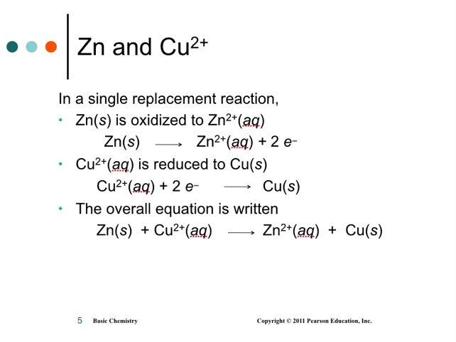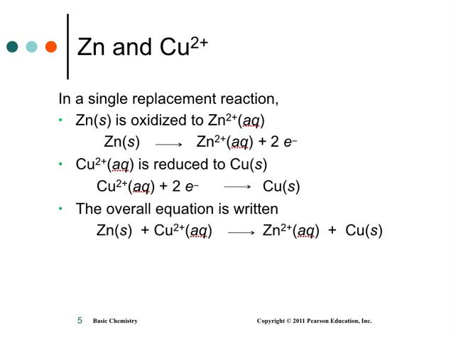It's a single replacement. The zinc is a metal to start with, but it's an ion at the end. It's a cation. That means it's positive. And so how do you get more positive? You lose electrons. So the zinc becomes oxidized. The copper that's in the solution to start with is already a cation. It takes the 2 electrons from the zinc and becomes copper metal.